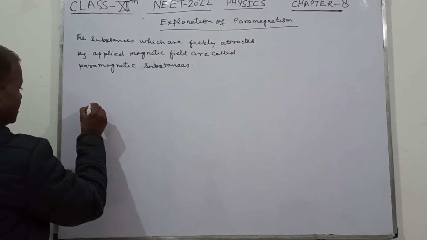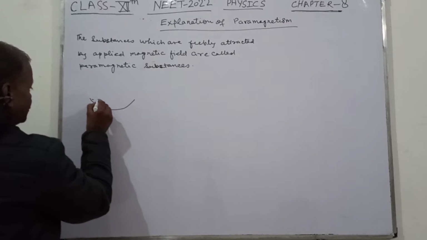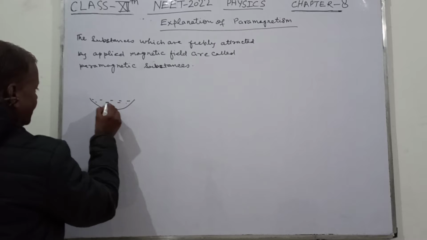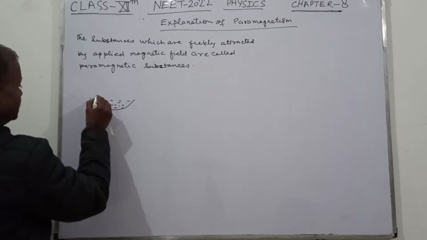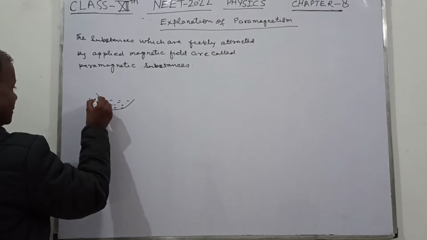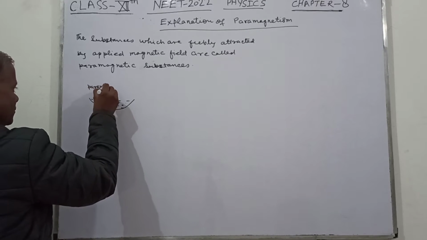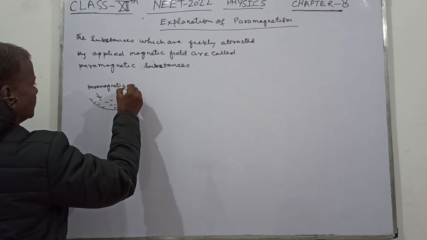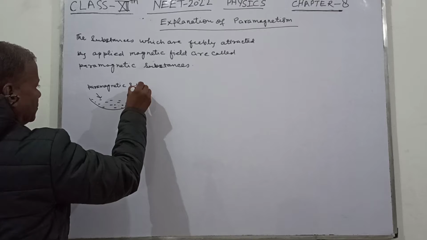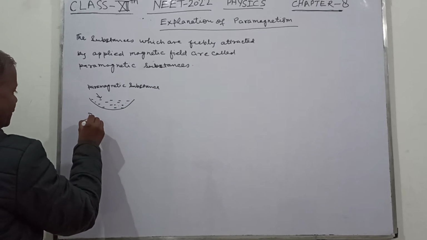Suppose this is a plate on which we are having a paramagnetic material. This is the paramagnetic material, and this is in absence of magnetic field.